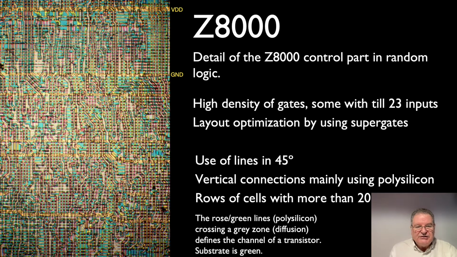The vertical connections were mainly using polysilicon because it was just a one metal layer technology, 3.5 microns. And we can find rows of cells with more than 20 tracks. You see the top one, where you can see VDD and ground, and the number of tracks running over this set of cells is quite big.